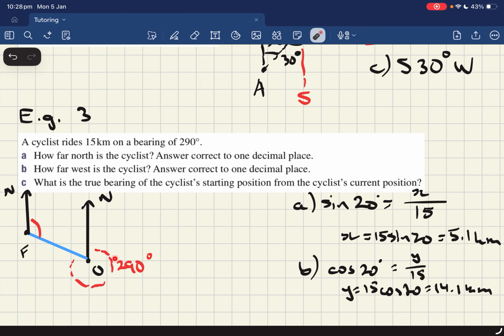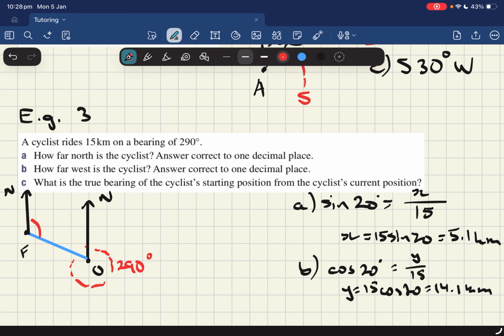Now, if it's gone 290 degrees here, we know a whole revolution is 360. So this extra angle here will be 70, because that's just the difference between 360 and 290. So this guy's going to be 70 degrees.